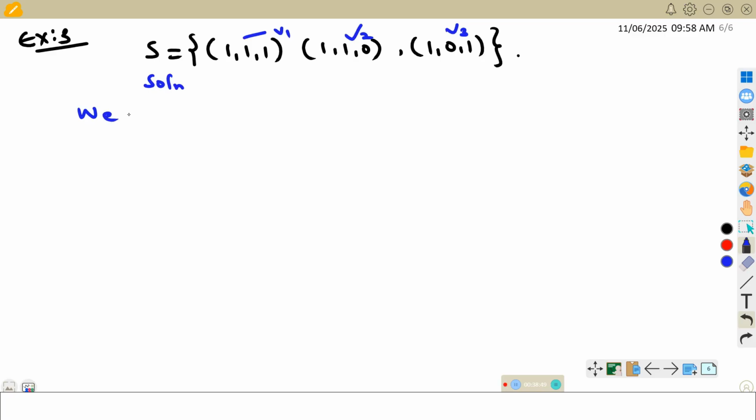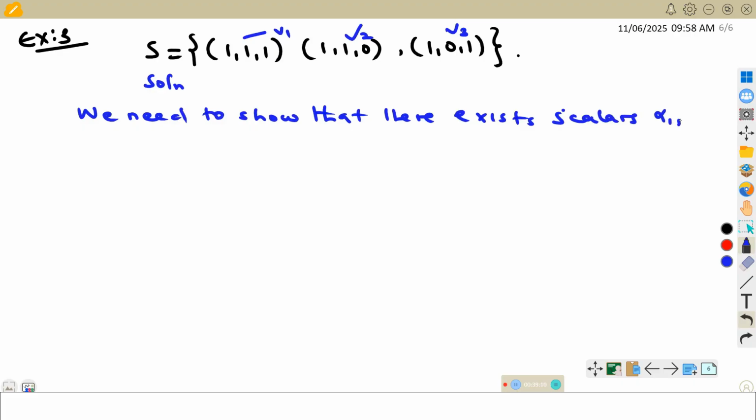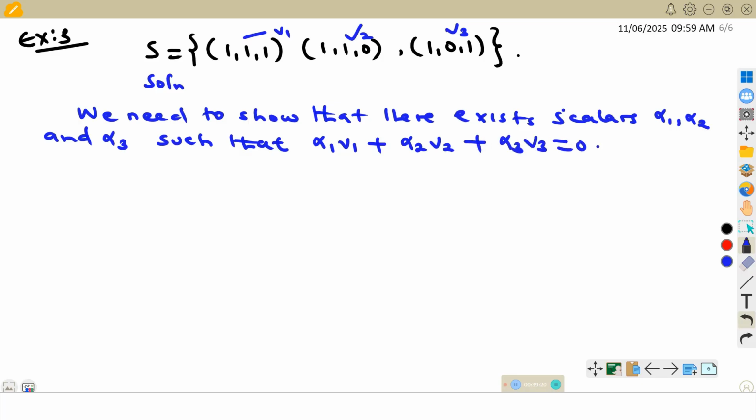So we shall be saying that we need to show that there exist scalars alpha 1, alpha 2, and alpha 3, such that the linear combination, that is alpha 1 V1 plus alpha 2 V2 plus alpha 3 V3, is equal to 0.